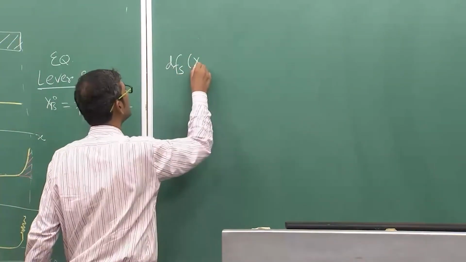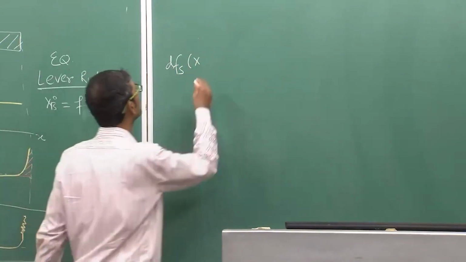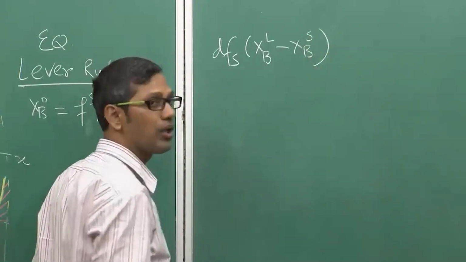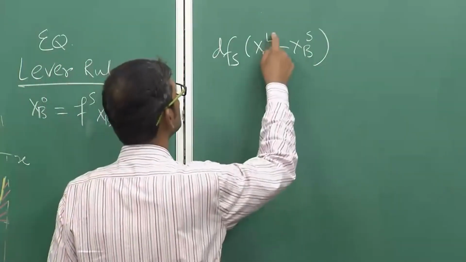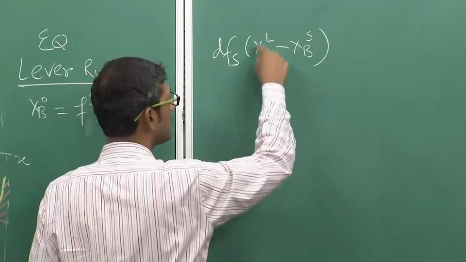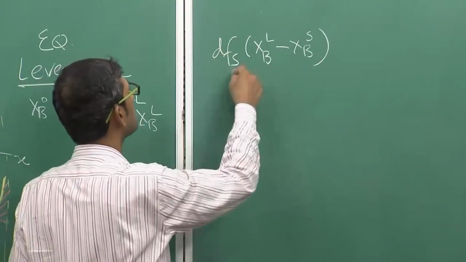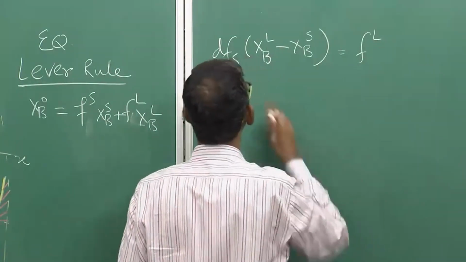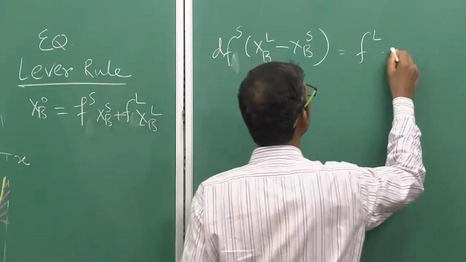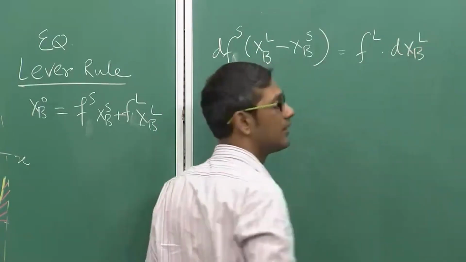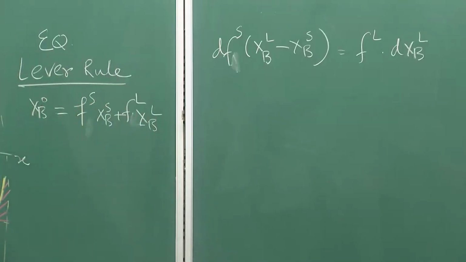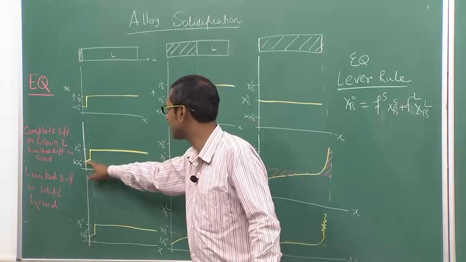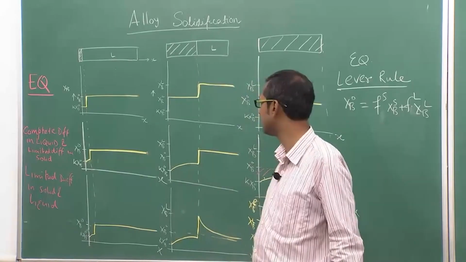Because of the formation of this, there is a solid composition difference, which is the liquid minus solid composition, multiplied by the fraction of solid formed, dFS. This must be equal to the rise, with FS and FL as superscripts, multiplied by the change in the composition of the solute in the liquid, because whatever has been rejected by the solid goes into the liquid.